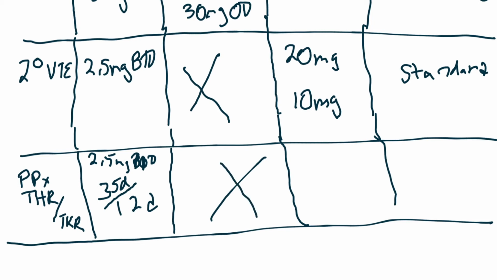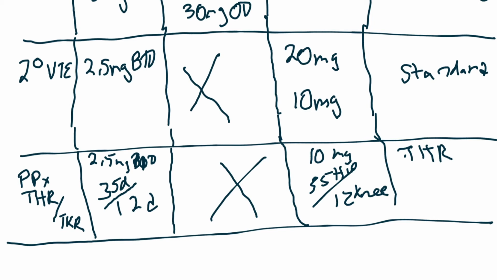For rivaroxaban, the dose that we use for total hip replacement and total knee replacement is 10 milligrams, and the duration is also the 35 and 12 days for total hip and total knee. And then finally, for dabigatran, we use it in total hip replacement, not knee replacement, because it's not approved in knee replacement. You can use 110 milligrams for the first day, and then going forward, you do 220 milligrams daily.